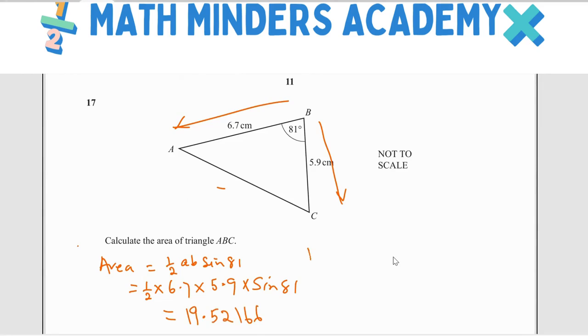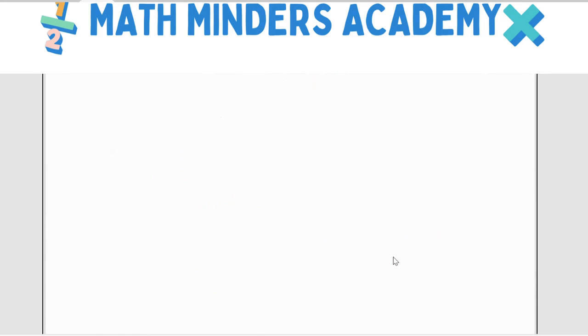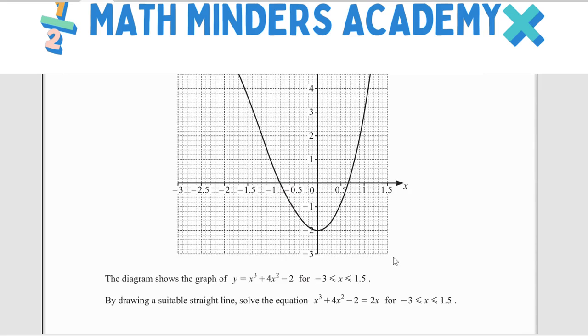Writing this to 3 significant figures, the area will be approximately 19.5 square centimeters. So we write 19.5 here. Now we move on to the next question.